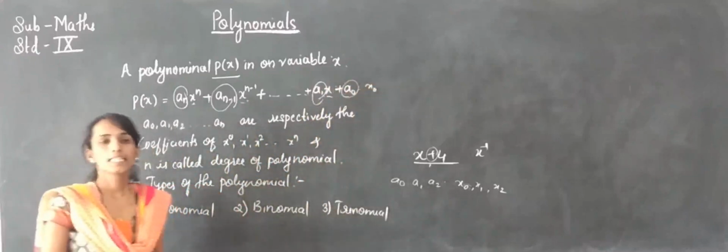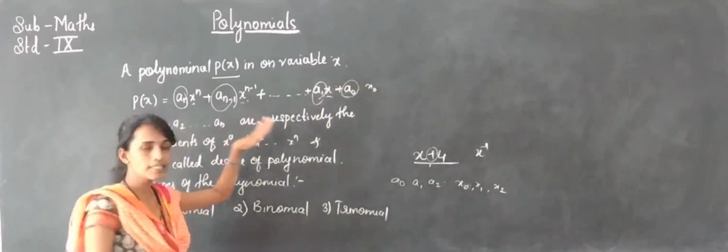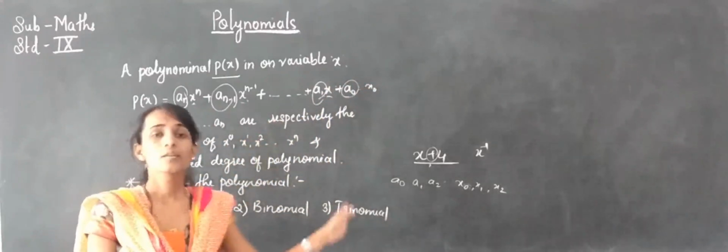These we call the coefficients and variables of the polynomial.